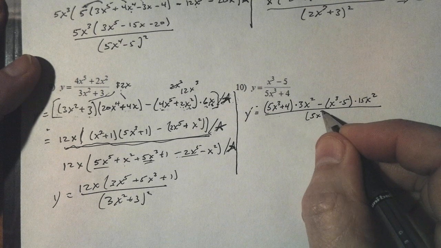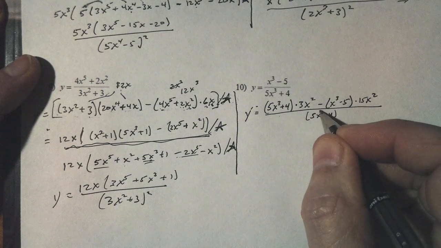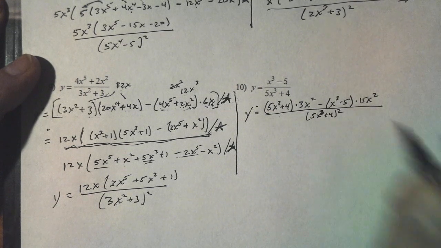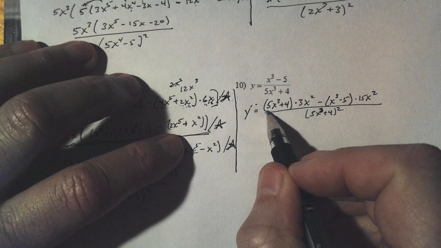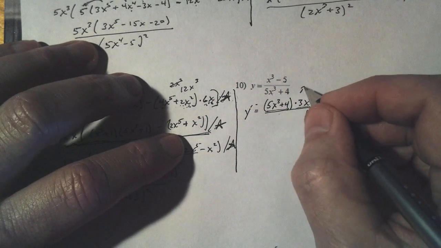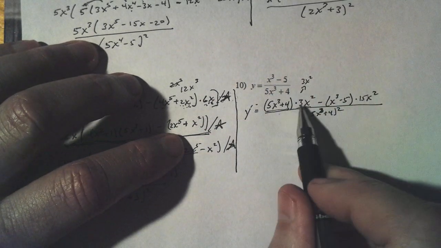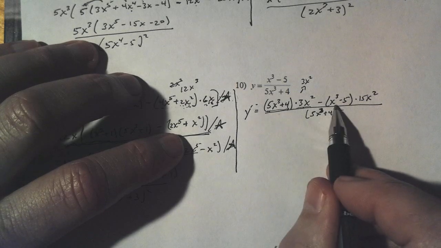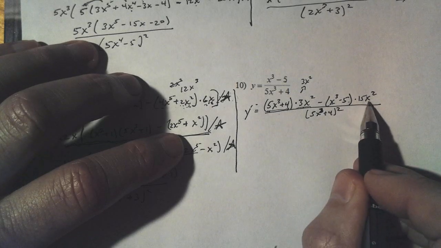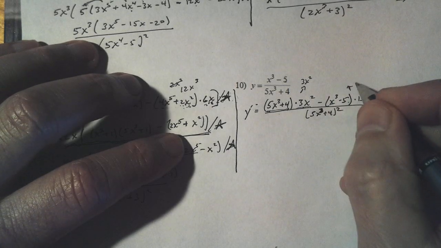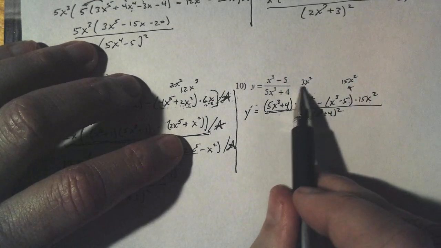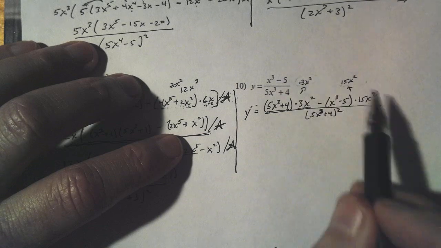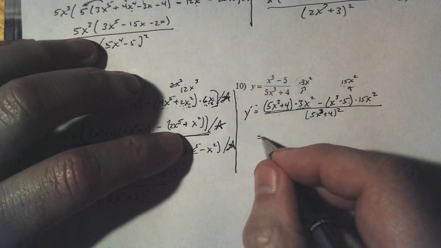All on the square of the thing below. But that's pretty good news there. So can't factor anything from here. I can factor out up to a 3x squared out of this first term. Can't factor anything from here. I can factor up to a 15x squared out of this term, which means out of both terms I can factor a 3x squared.